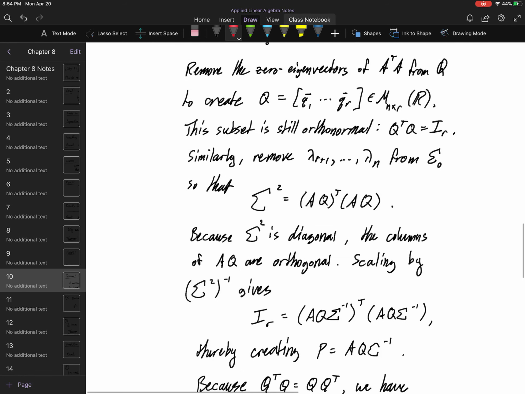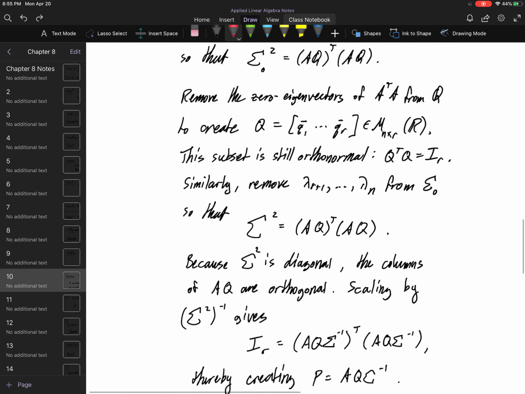Therefore, Q transpose Q, this new Q, right? This guy where I took away all the null vectors, take those guys, put them into one matrix, call it a regular Q instead of a boldface Q, and we're going to wind up with something that behaves like an orthogonal matrix, even though it's not a square matrix.